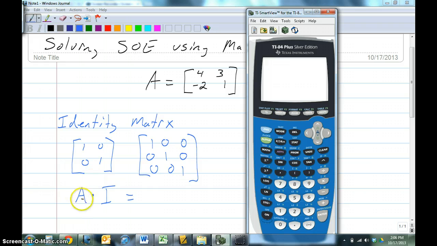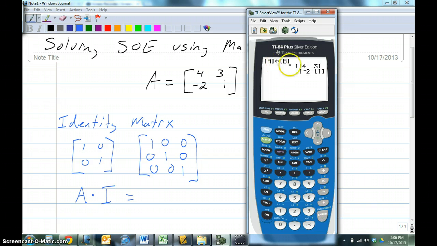Now we're going to multiply matrix A times matrix I. So go to matrix. Now this time, instead of editing, we're going to name matrix A times, now our matrix I, the identity matrix, was matrix B, remember. So number 2, matrix B. Matrix A times matrix B. Now we did this by hand before, but some of you are going to be unhappy to find out the calculator could have multiplied matrices for us.